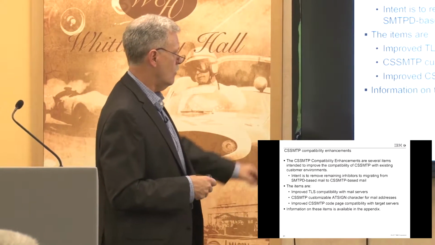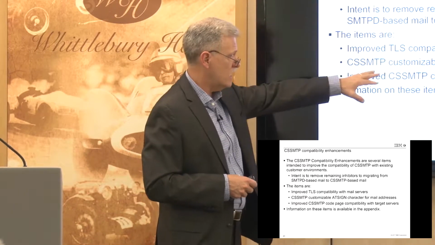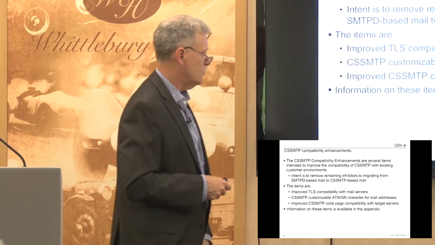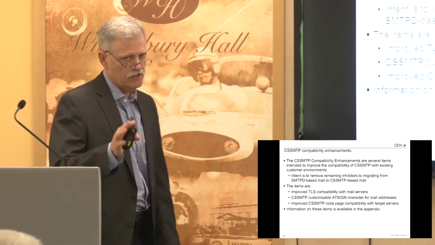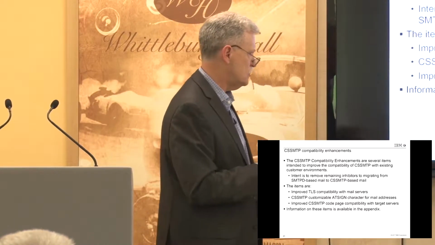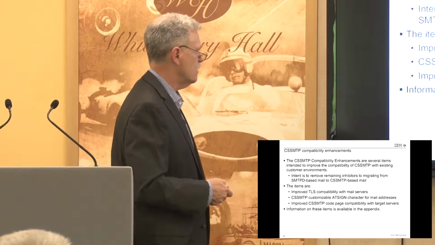So the items that are here are to improve TLS compatibility with mail servers, customizable @ characters, so we have that as a migration function, and improved code page compatibility. So some of the non-US customers will have that issue. This code page issue will hit some of our other geographies and most likely Europe as well.